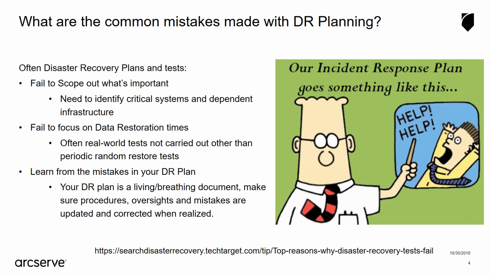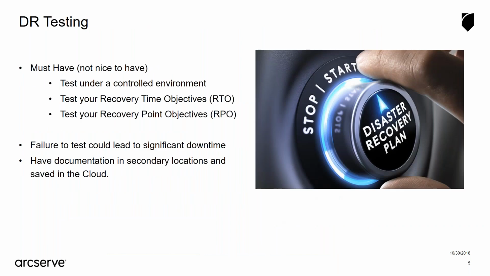Okay. So DR testing itself, this is a must-have and not a nice-to-have. You should be able to test in a controlled environment, which shouldn't impact your production environment. So when customers say to me, we're worried about DR testing because it impacts the production environment, if you set up your environment correctly, you shouldn't have that problem.